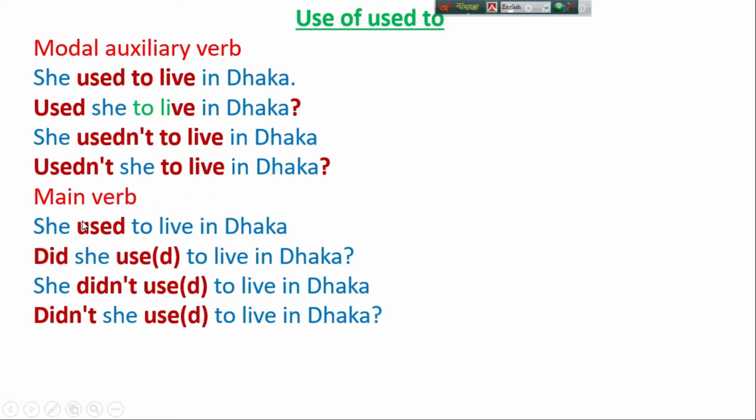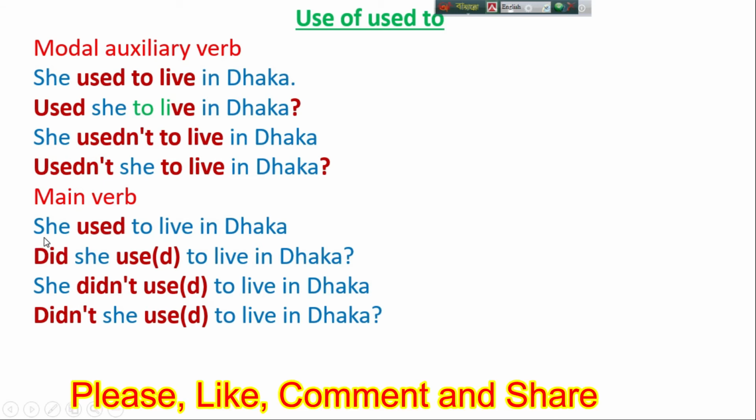Used to as a main verb. Number 1, she used to live in Dhaka. Here used to is the main verb and it is a past tense sentence. Did she use to live in Dhaka? Here you can use use or used. Both of them have the same meaning. Here it is the interrogative sentence and it's made with did.